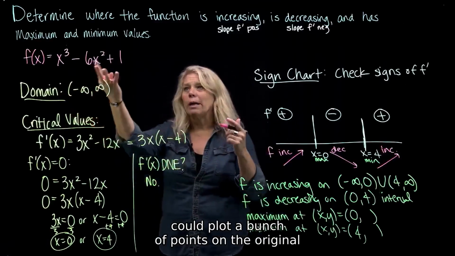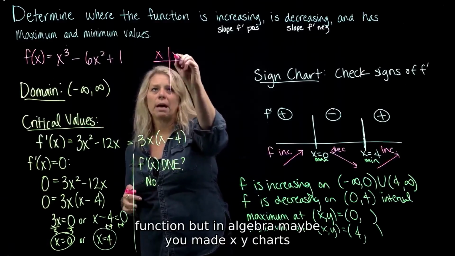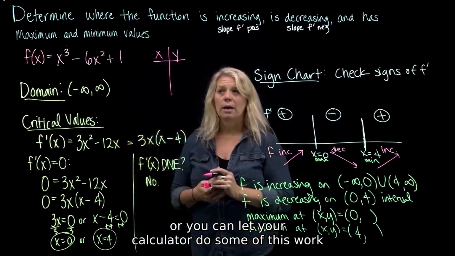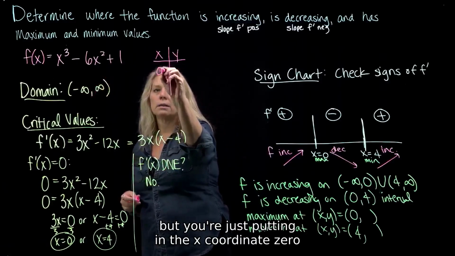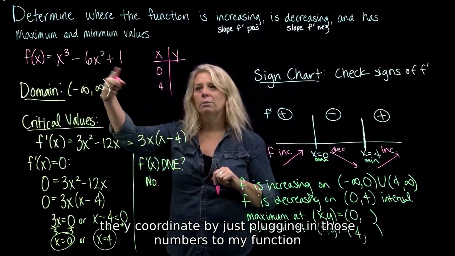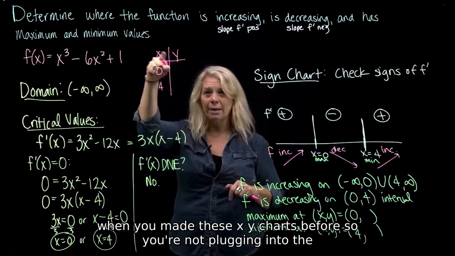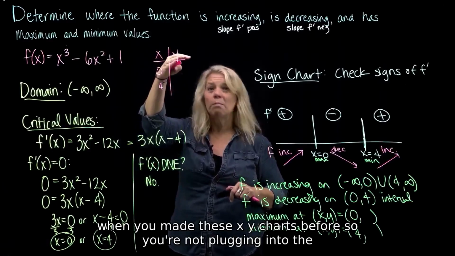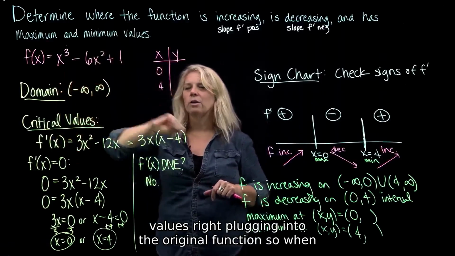You could plot a bunch of points on the original function, but in algebra, maybe you made x, y charts, or you can let your calculator do some of this work. But you're just putting in the x coordinate, 0 and 4. I'm going to figure out the y coordinate by just plugging in those numbers to my function. You didn't know about derivatives when you made these x, y charts before, so you're not plugging into the derivative to get these y values, right? Plugging into the original function.